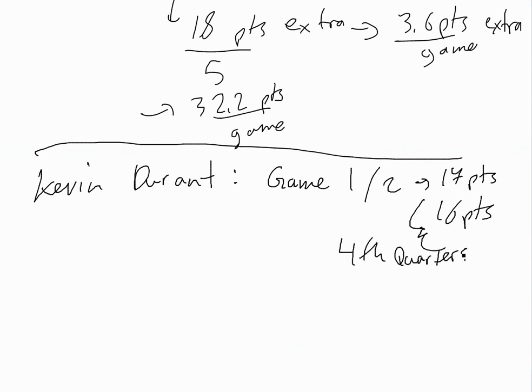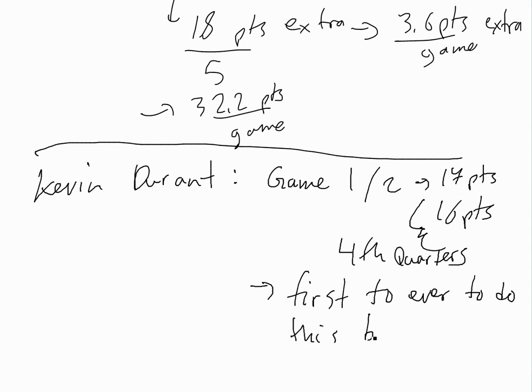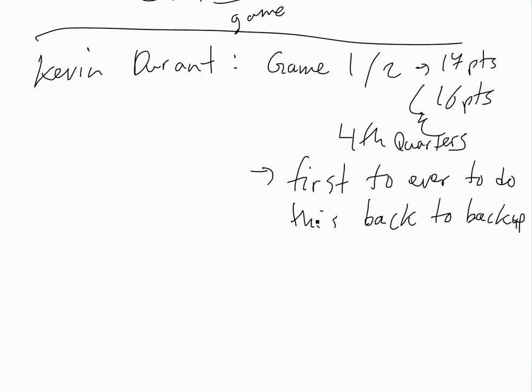This is the first time it's ever happened consecutively. He's the first to ever do this back to back, 16 or higher, which is quite remarkable. He could have got 18 if he was called for the foul on LeBron in Game 2.